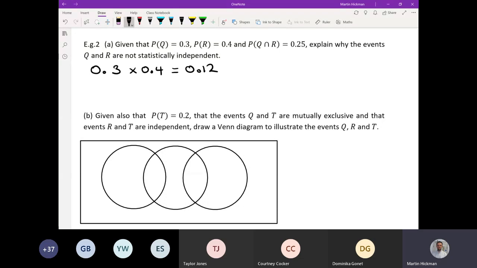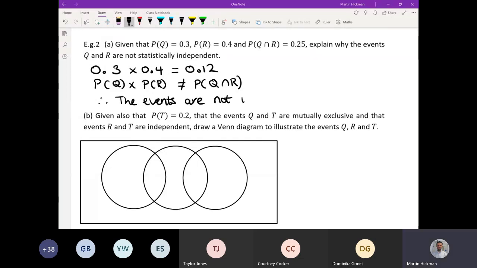Note, the probability of Q times the probability of R does not equal the probability of Q and R. For them to be statistically independent, it had to equal 0.25. It doesn't, so I can conclude the events are not independent.